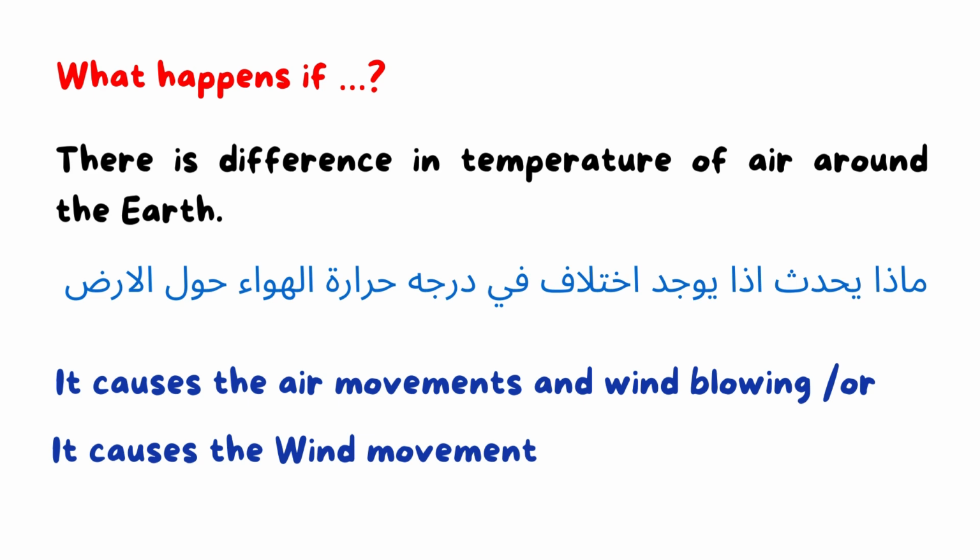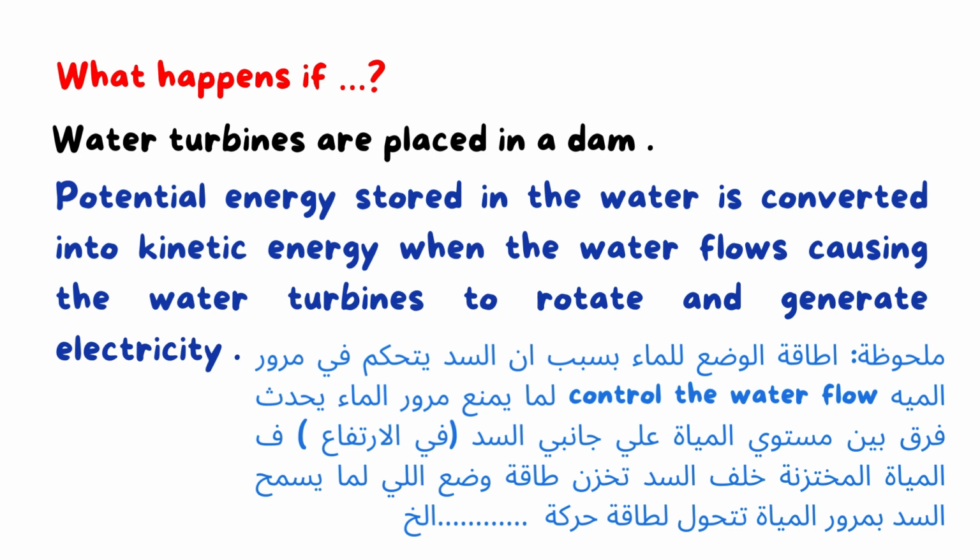We have here what happens if water turbines are placed in a dam. When water turbines are placed in a dam, so here we will answer with the whole story from the beginning, as here we have potential energy stored in the water, okay, which is converted into kinetic energy when the water flows, causing the water turbines to rotate and generate electricity.